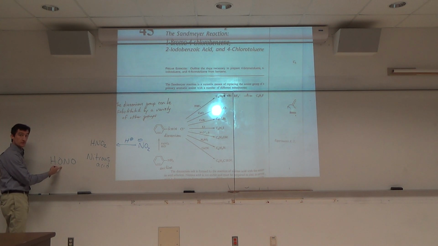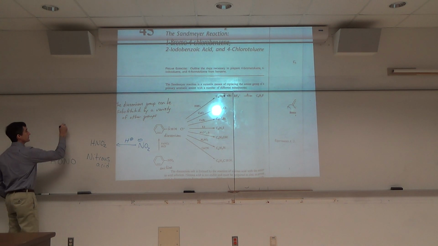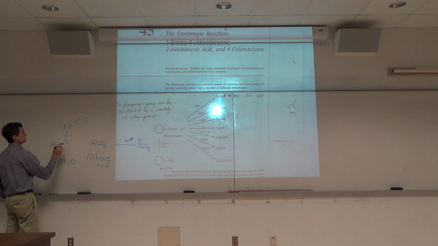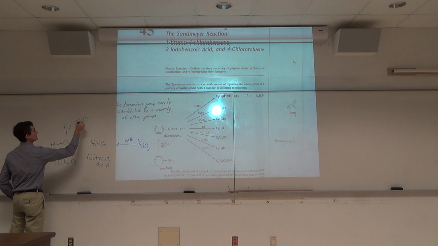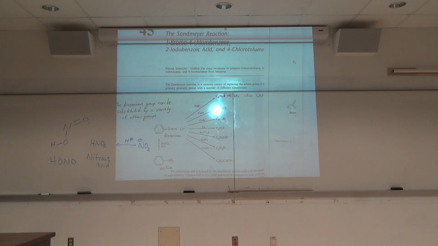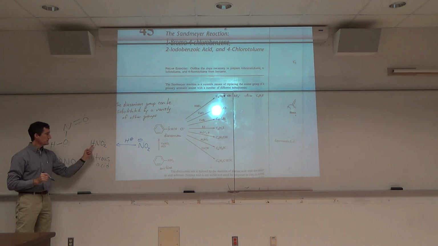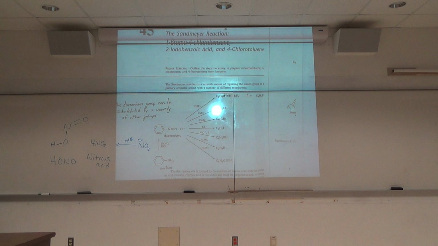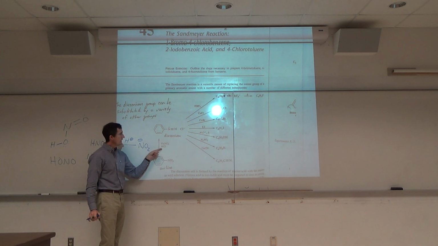So this is HNO2. Now, of course, if you do a Lewis structure, you get something like that. Indeed, it is HONO. Okay? That's just fully condensed. Nitrous acid is what we react our anilines with, to form the diazonium.